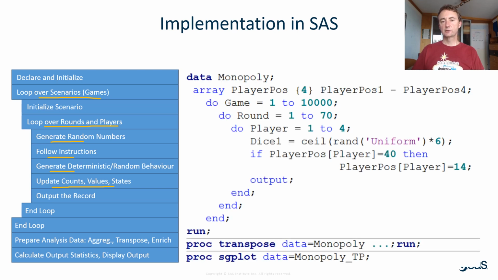So in SAS, I used a data step where I use do loops to loop over games, rounds, and players. Then I used functions to roll the dice or to perform certain actions and also to implement certain decisions. This is just a very simple example of how such a simulation looked.